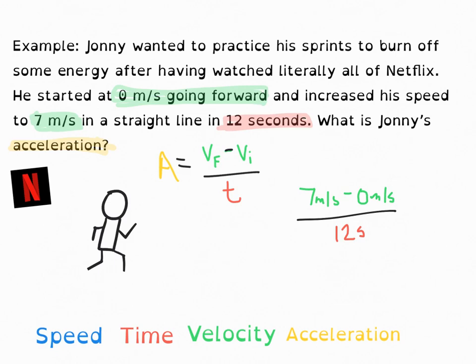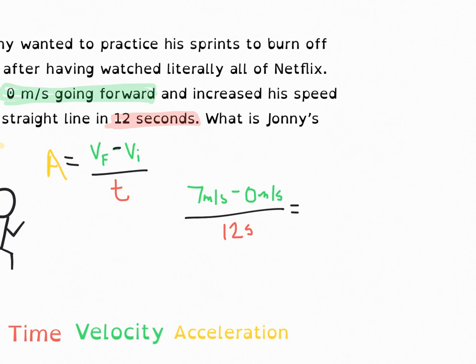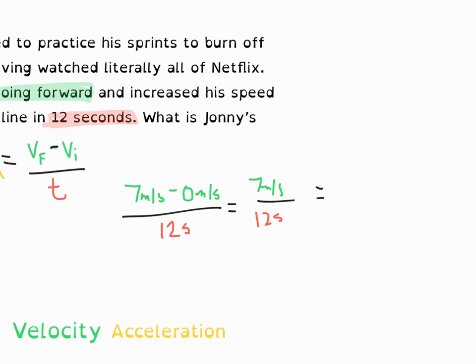Okay, so when I go ahead and solve this, I subtract the top, and I have 7 meters per second divided by 12 seconds, and I am left with 0.58 meters per second squared.